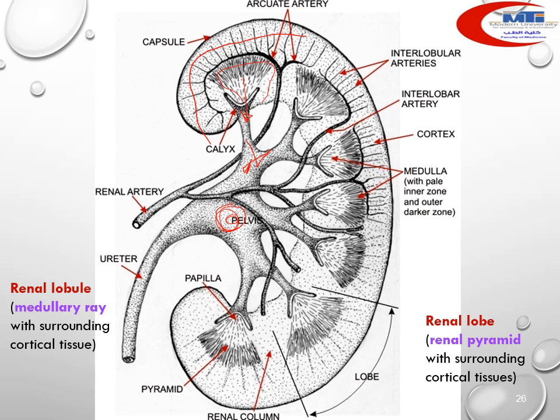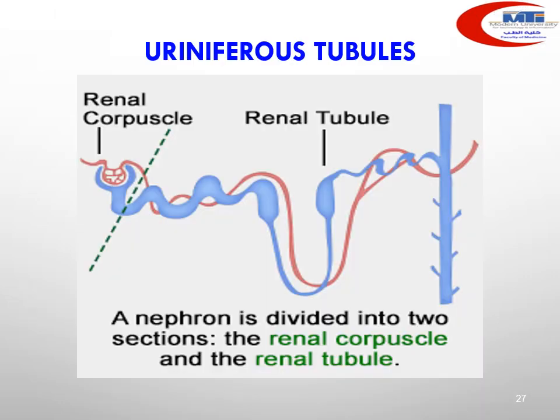Some cortical tissue extends in between the medullary pyramids, and it is called the renal column. This is the renal lobe, formed of part of the cortex and part of the medulla, and this is a medullary ray.